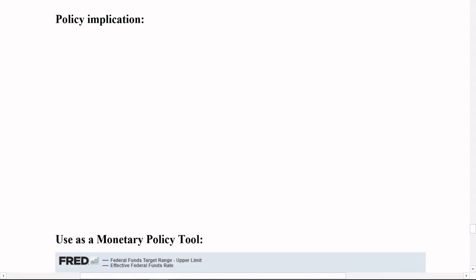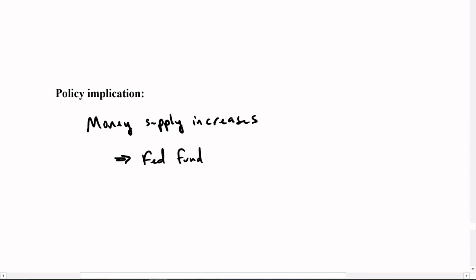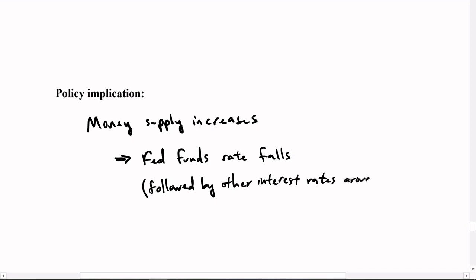So the result here, the policy implication, is reiterating what we talked about before: money supply increases. The federal funds rate falls, and then that's followed by other interest rates around the economy.